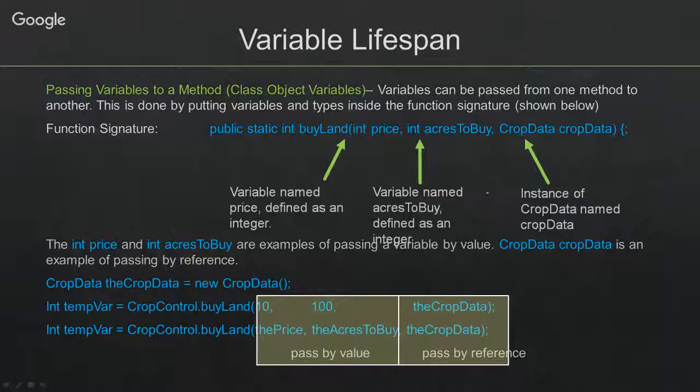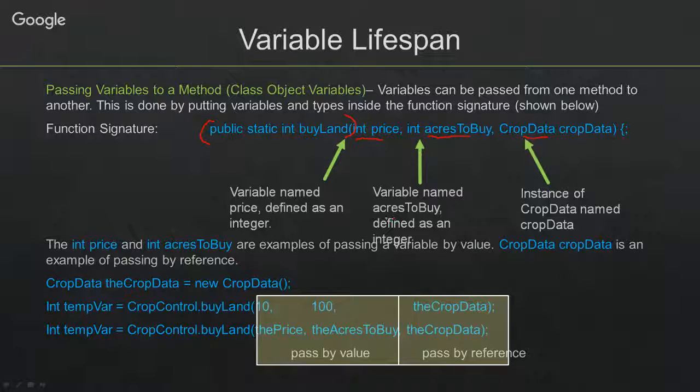Perfect. Also, a little bit more on variable lifespan. So passing variables into a method. You can pass variables from one method to another by putting variables and types inside the function signature. So here's our function signature right here, and we can input these variables in these spots. So we can have a variable named price defined as an integer.